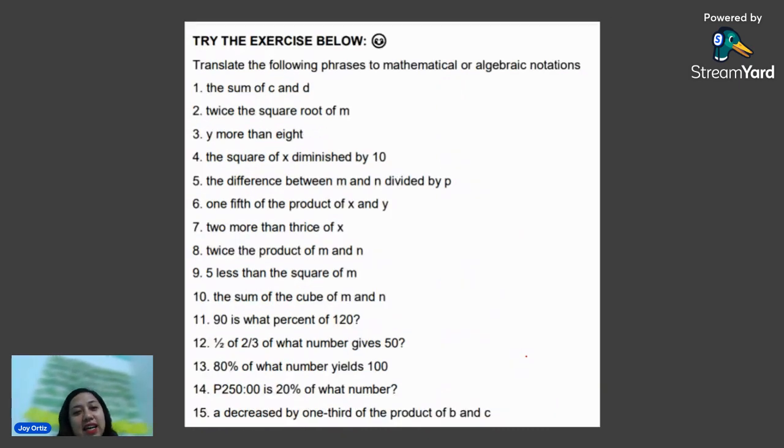Okay, try this exercise. Translate the following phrases to mathematical or algebraic notations. Number 1, the sum of C and D. What would be the algebraic notation?